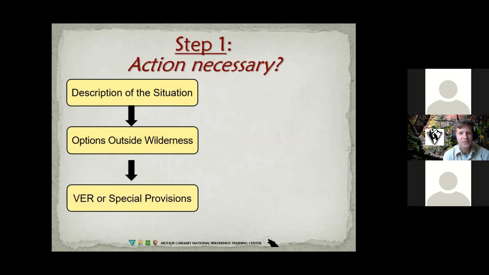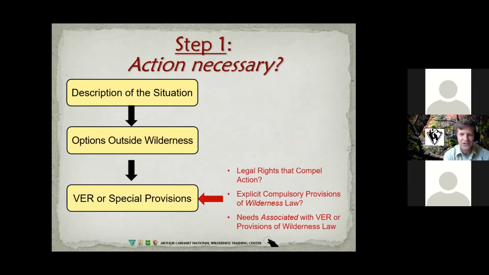If there are no options outside of wilderness and we need to proceed, are there valid existing rights, VER, or special provisions that provide direction on how to address the situation? And as you can see, legal rights that compel action, explicit provisions, or other needs associated with valid existing rights. Next slide.